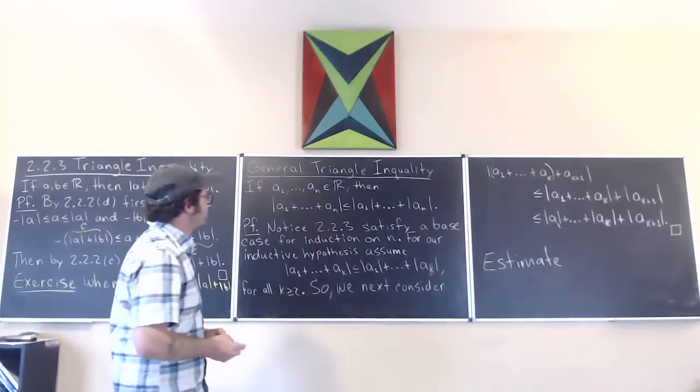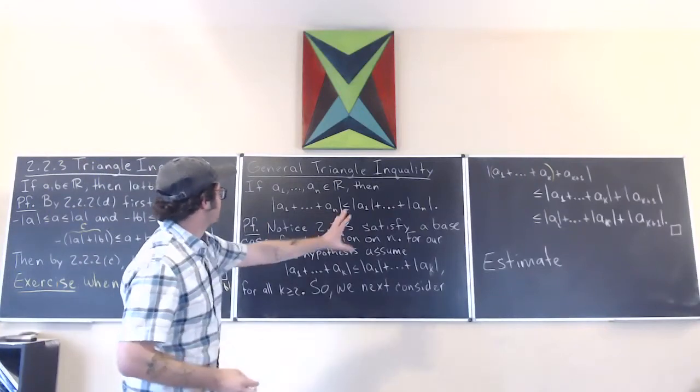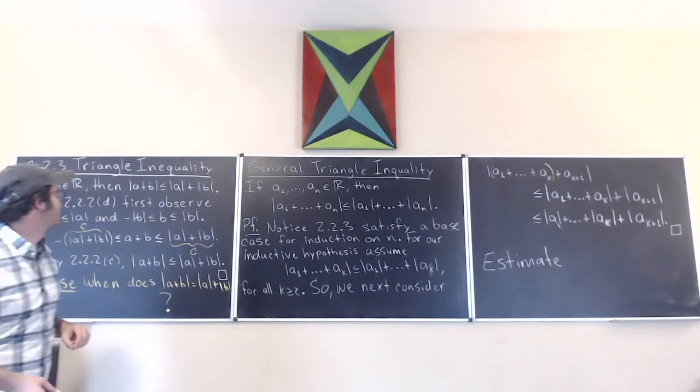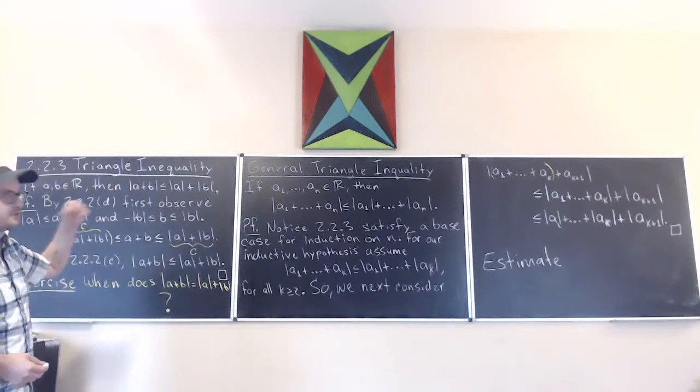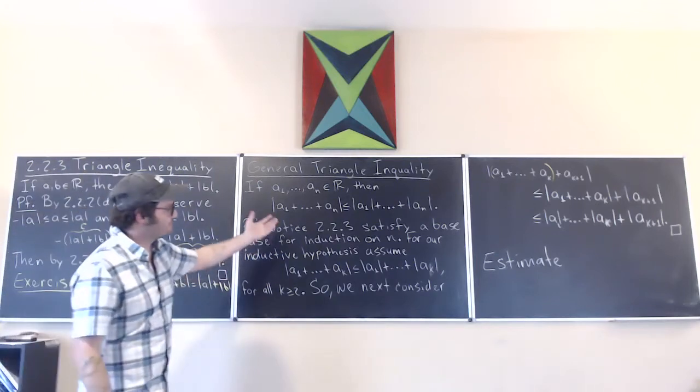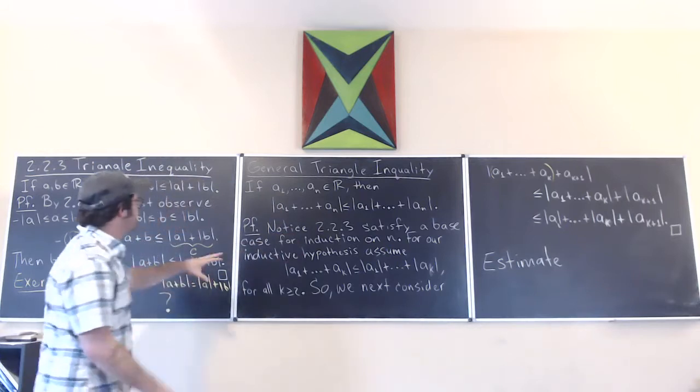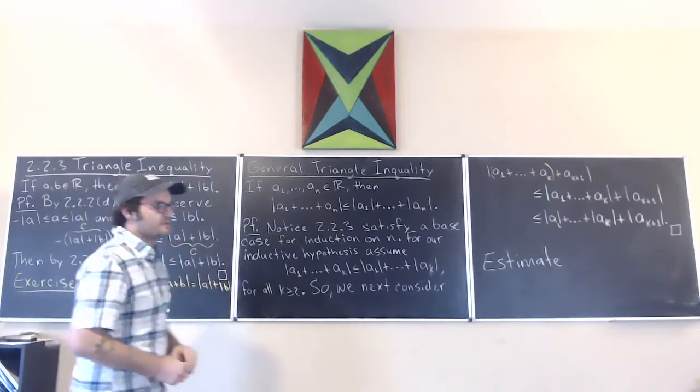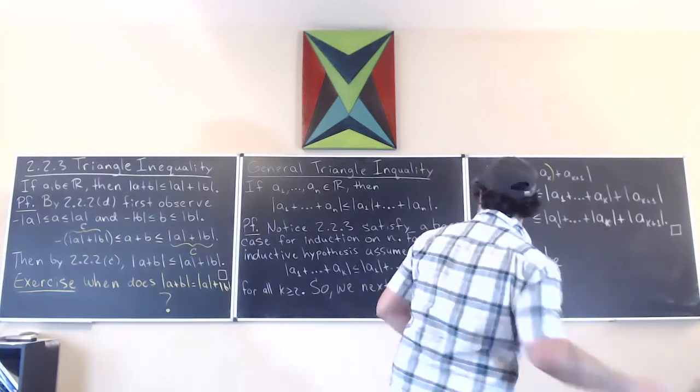So that's the first corollary to this simple triangle inequality here, because it was just a simple application of induction. So let's look at a few other corollaries of this main triangle inequality.